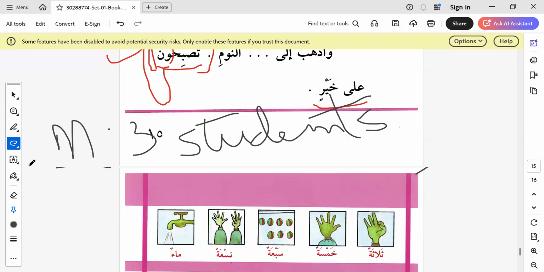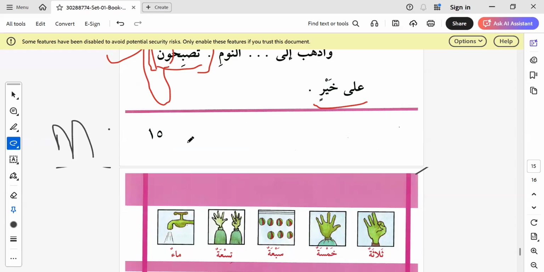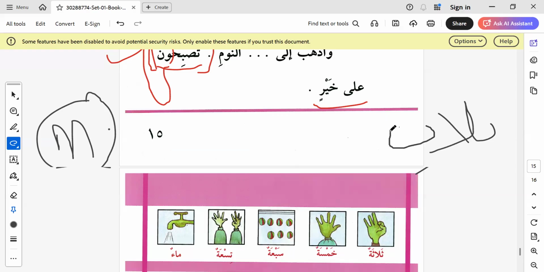So now in Arabic, we are counting. Let's not forget that we want to count masculine. 3 students, 3 male students. Now you go like this. Your number will come first. Now, ثلاثة.